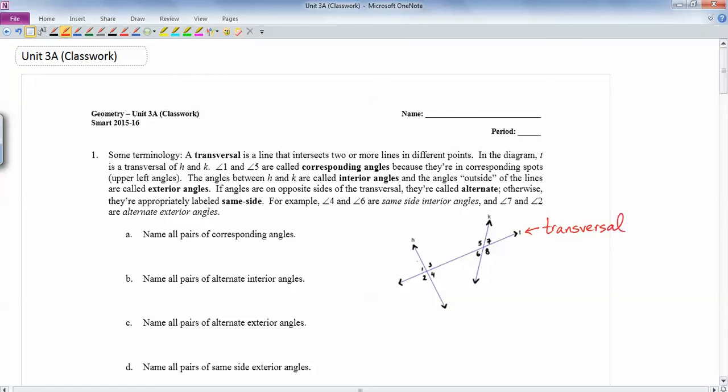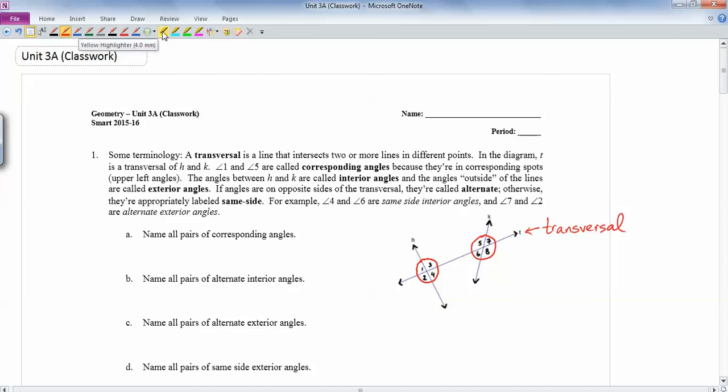And what I did was I numbered all these angles down here, 1, 2, 3, 4, 5, 6, 7, 8. And different pairs of angles have different names. So the way that it works is you take one angle from here and one angle from here, and you match them up in certain ways, and you get different types of angles.